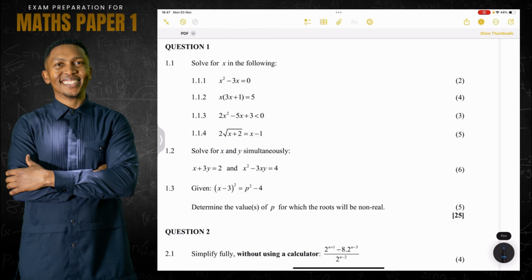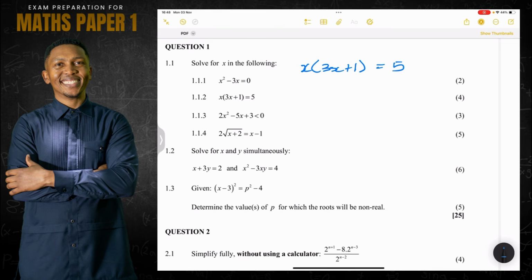Now on 1.1.2 we've got x into 3x plus 1, and this is equal to 5. Now we would need to go through this one because we'd need to multiply and get it into standard quadratic form.